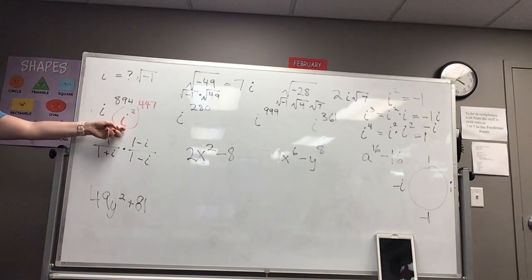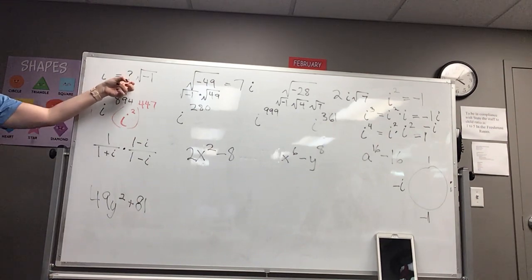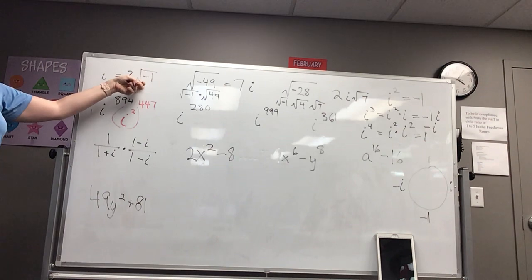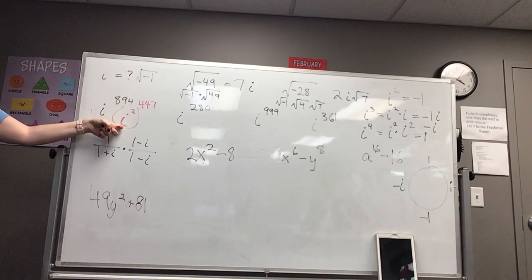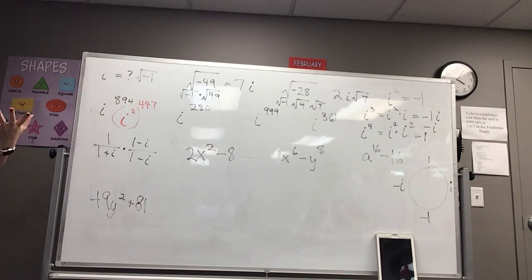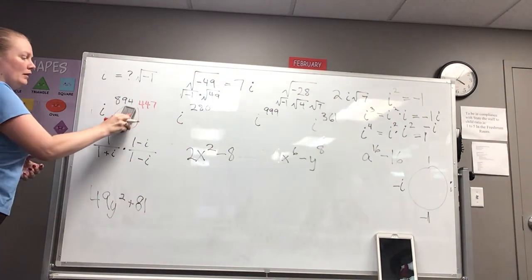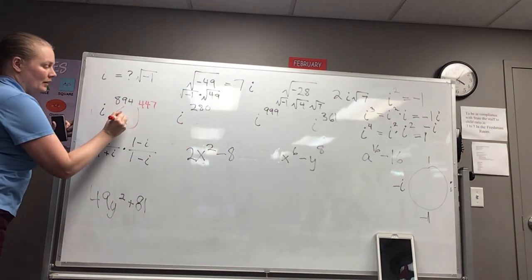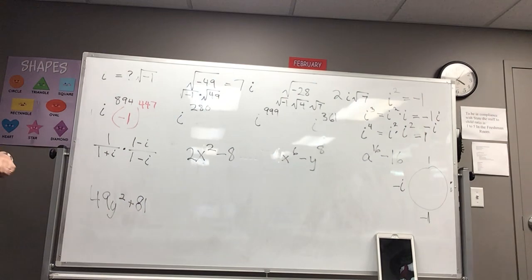So, again, what was i squared? If i is just the square root of -1, i squared is going to be -1. What's -1 to an odd power? -1.